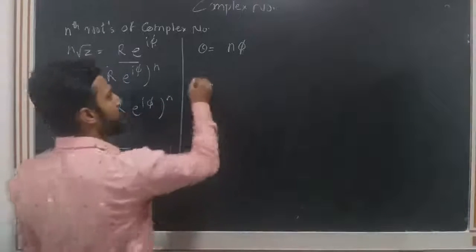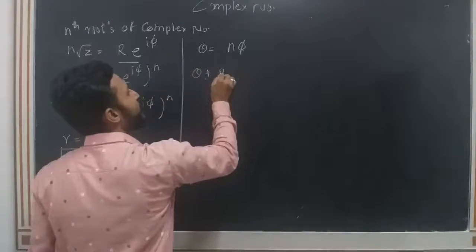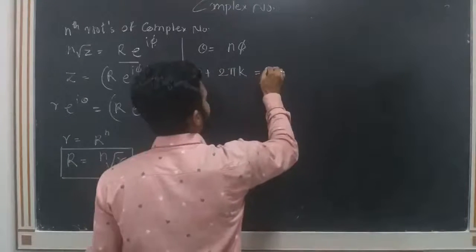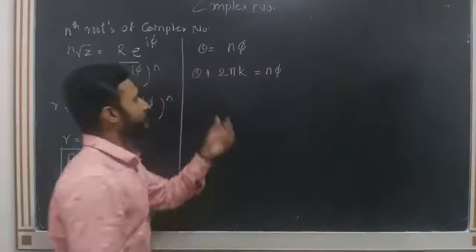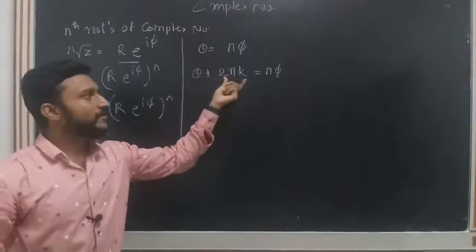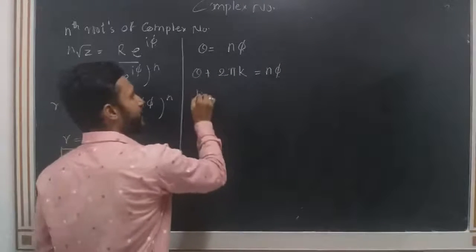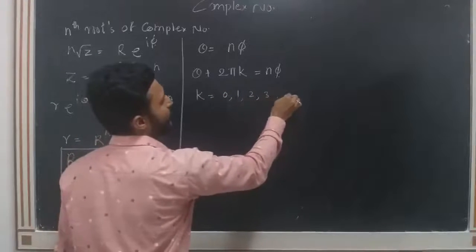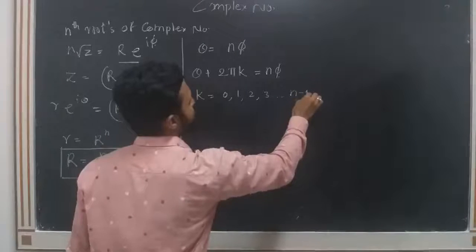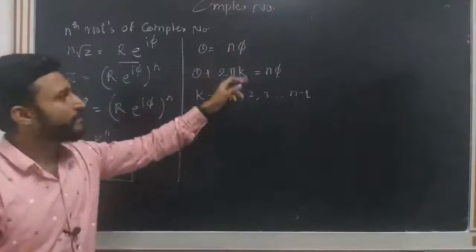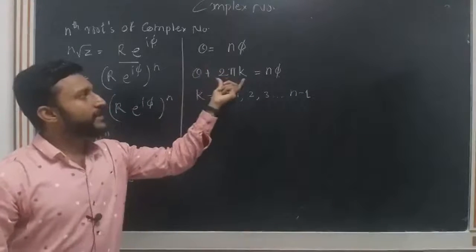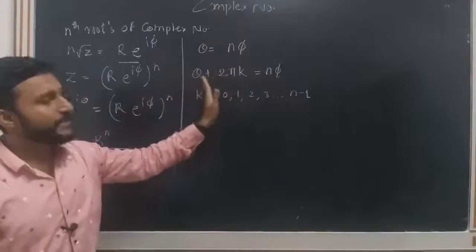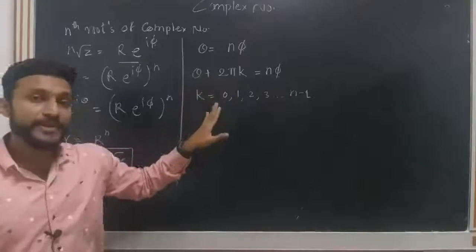Now theta is equal to n phi, but I am going to add one more term. Let me tell you, theta plus 2 pi k is equal to n phi, because if we increase theta by 2 pi k, where k is any integer 0, 1, 2, 3 up to n minus 1, then you will get the same angle, so theta remains unchanged.